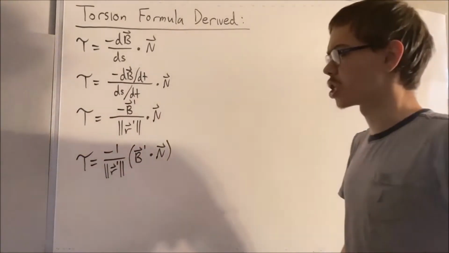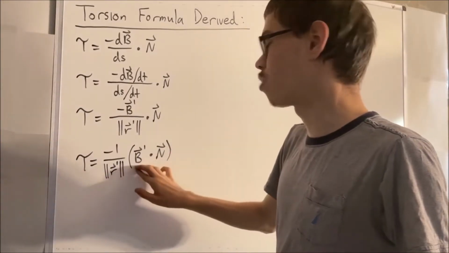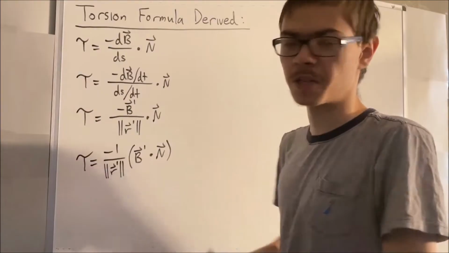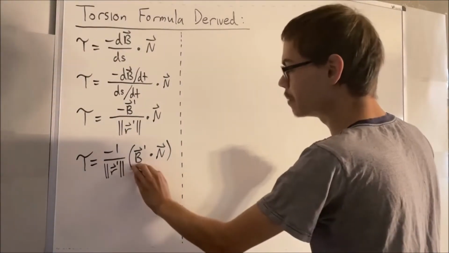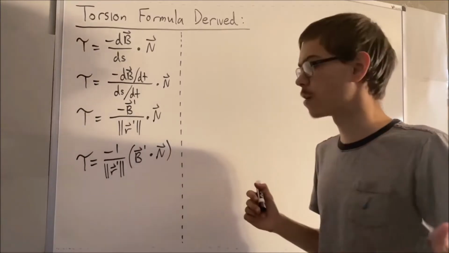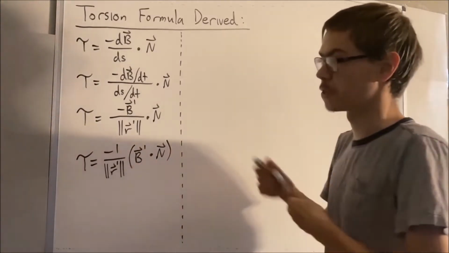Now, we're going to start by first figuring out what b prime is in terms of the position vector. And so to find b prime in terms of the position vector, we're first going to start out with b in terms of the position vector.